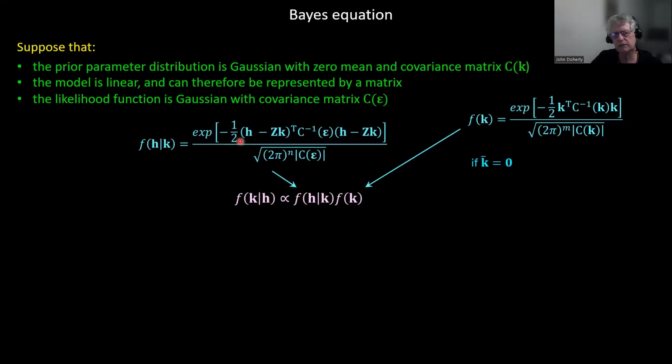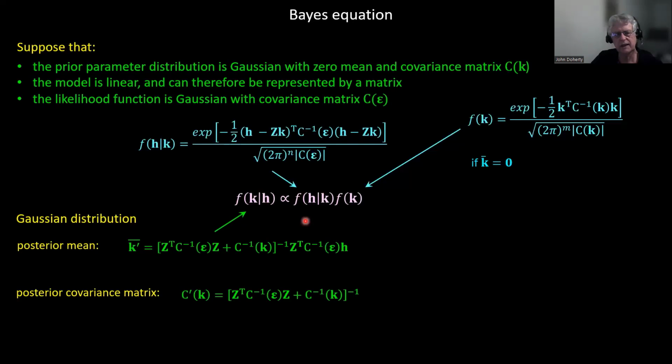Okay, my likelihood function. I'll assume also that measurement noise is multi-Gaussian, with C epsilon at the heart of this expression in the exponent, and that's my likelihood function. Multiply the two together, and it can be shown fairly easily that the posterior probability density function of k, that is k conditioned on h, is also a multi-Gaussian probability distribution.